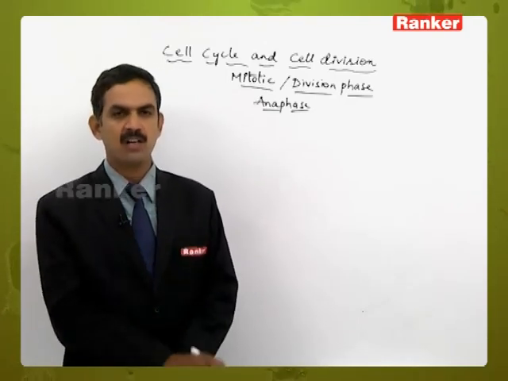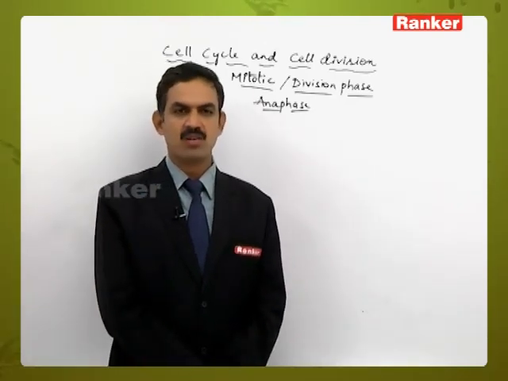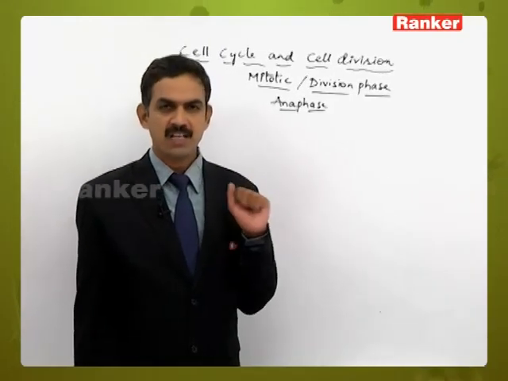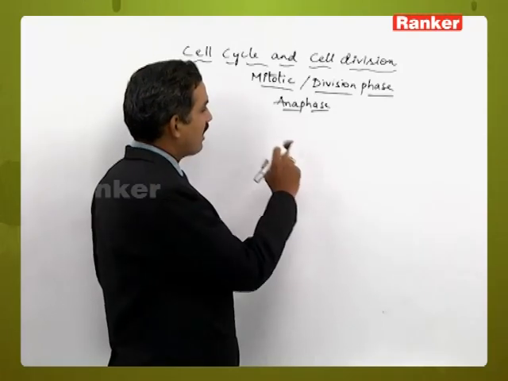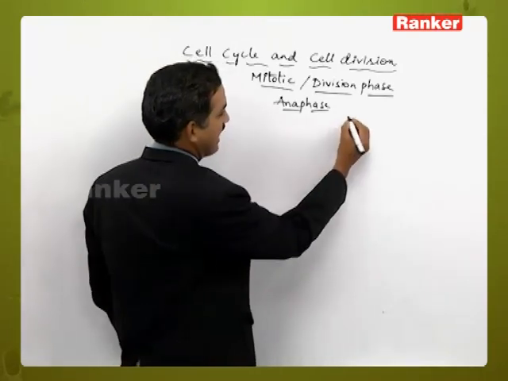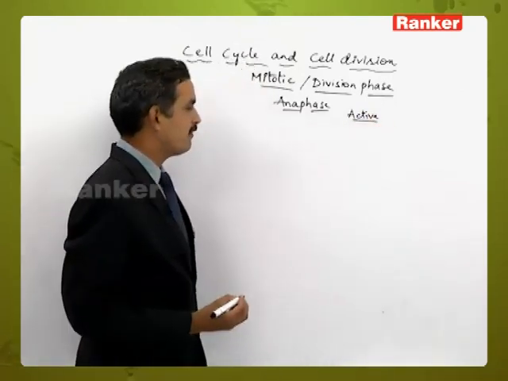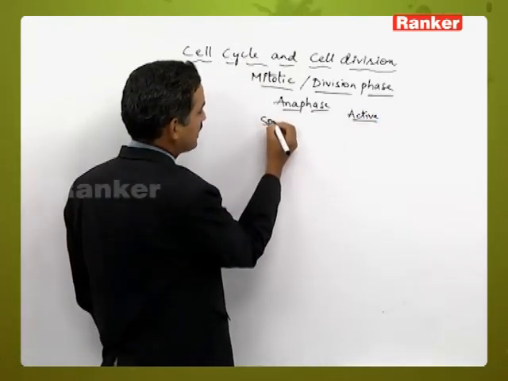That process of all chromosomes coming to the equatorial region is called congregation. That congregation takes place during metaphase, and during anaphase, one of the active stages of mitotic division, the spindle fibers start contracting.